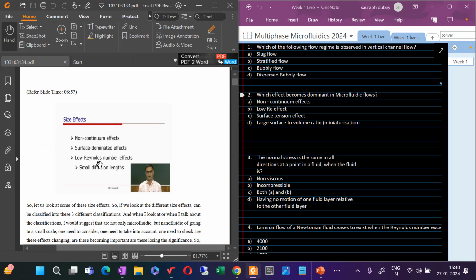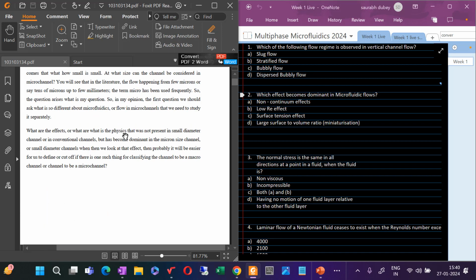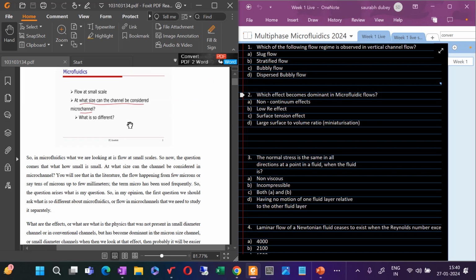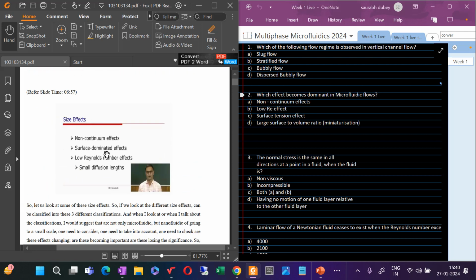Size effects involve surface-dominated behavior. So in the microfluidic there will be a size-dominated effect. Surface tension and those things will come into the picture, and Reynolds number will be very low, and there will be small diffusion also.